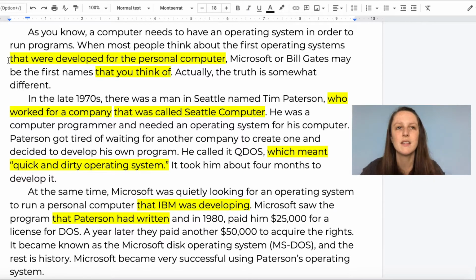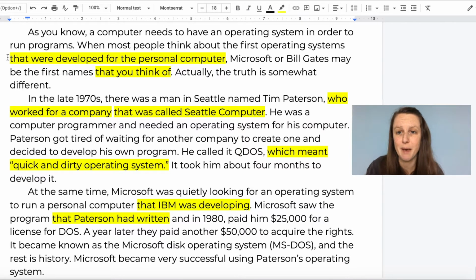So for me, the super easiest way to figure out if it's subject or object is to read the clause and look for another subject. So in this clause, that were developed for the personal computer, our verb is were developed, the passive voice, and I don't see a subject for that verb. So the subject of the clause is the relative pronoun that.